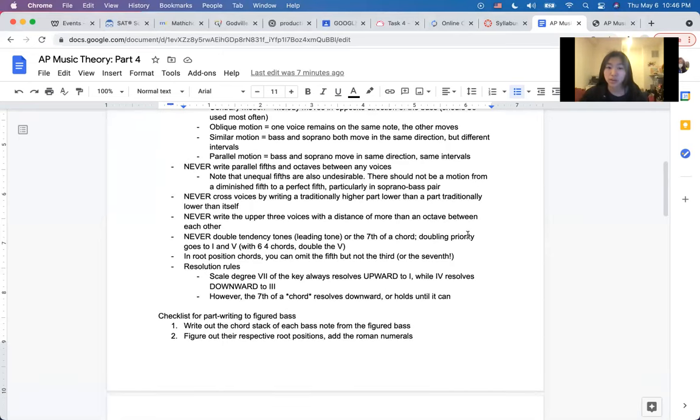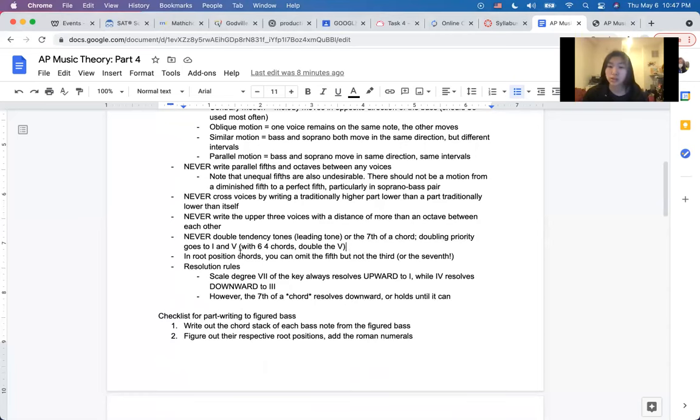You also never want to double tendency tones, particularly the leading tone, and you also don't want to double the seventh of a chord, for instance the 5/7 chord. Doubling priority matters because you need to have four notes in a chord as per the four voices.